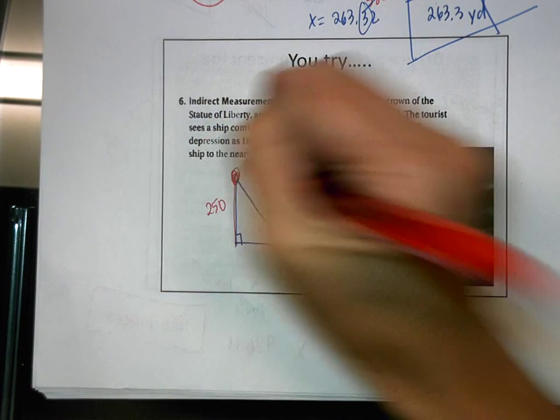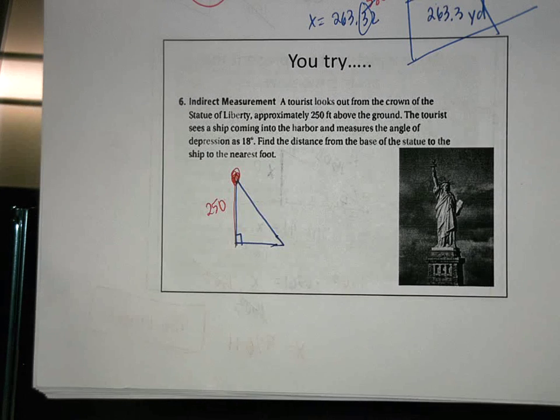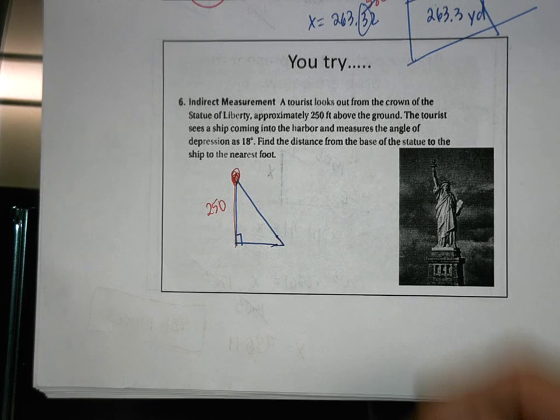Anytime they're talking about height, you're using your up and down line, right? Okay? So then we go on to read. It says the tourist sees a ship coming from the harbor and measures the angle of depression at 18. So here it is, okay?